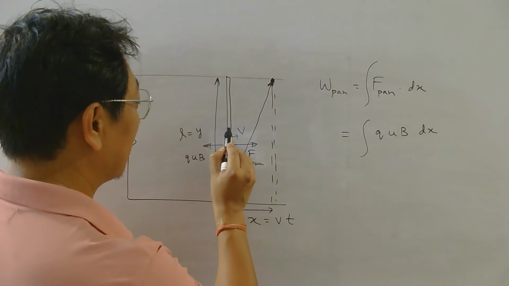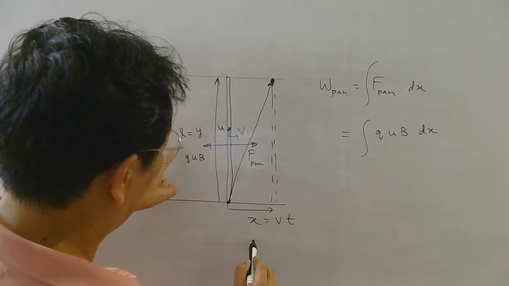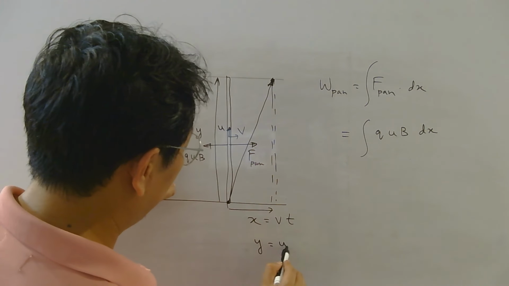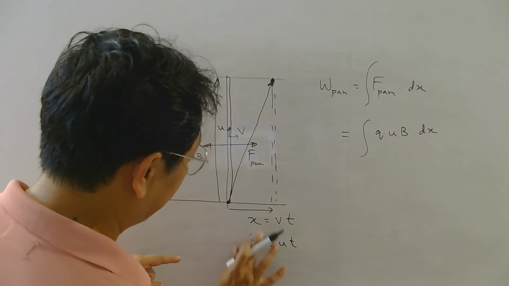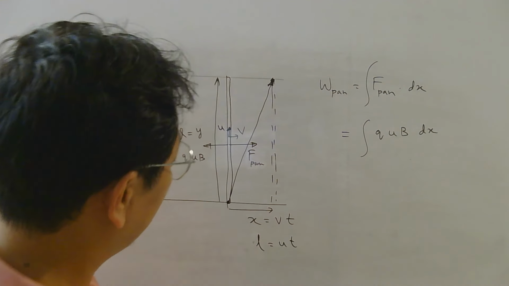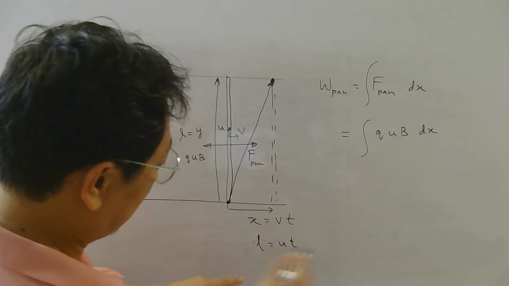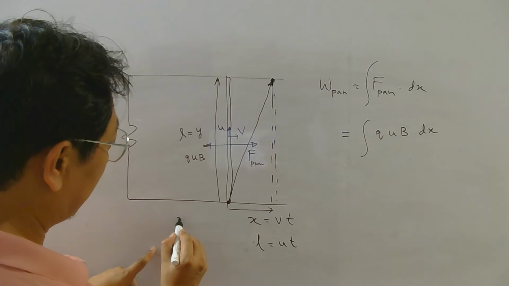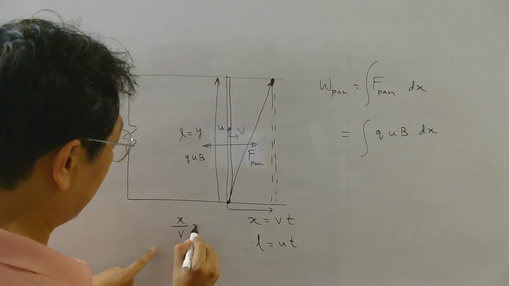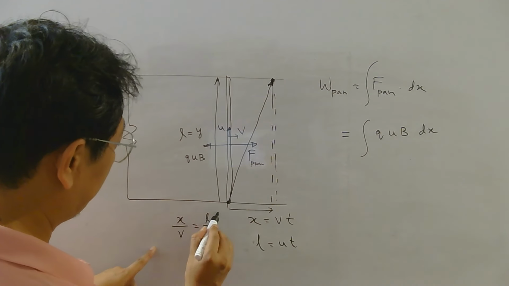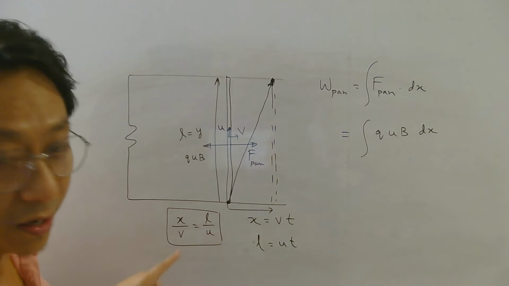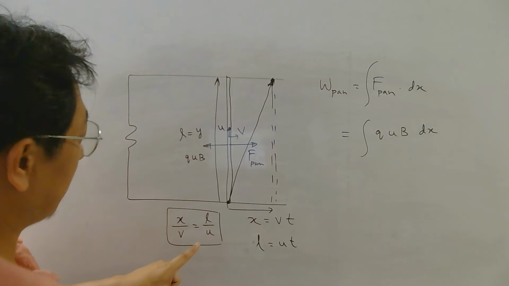Which was u here, isn't it? So y will be what? ut, or L. Okay. So if I eliminate t from here, I will get x by v equals L by u. So x can be written as Lv by u, isn't it?